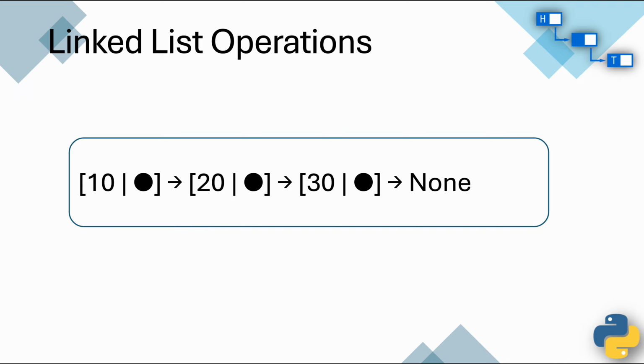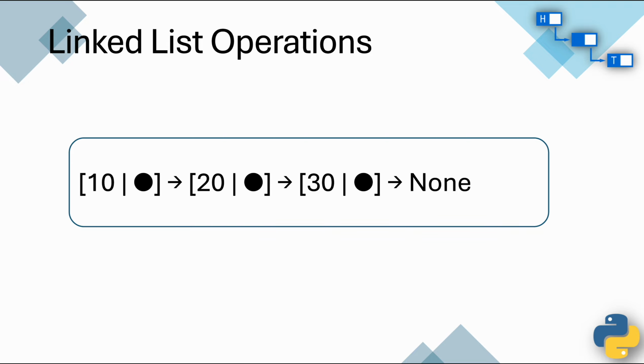In each block you see here, the first block has data 10, and after the pipe symbol, the first partition is data and the second partition points to the next node. I represent that with a black dot.